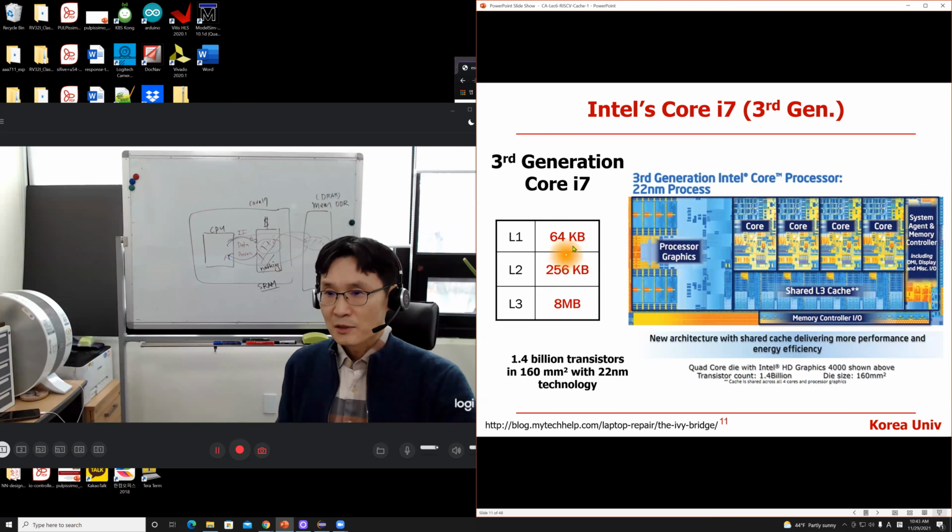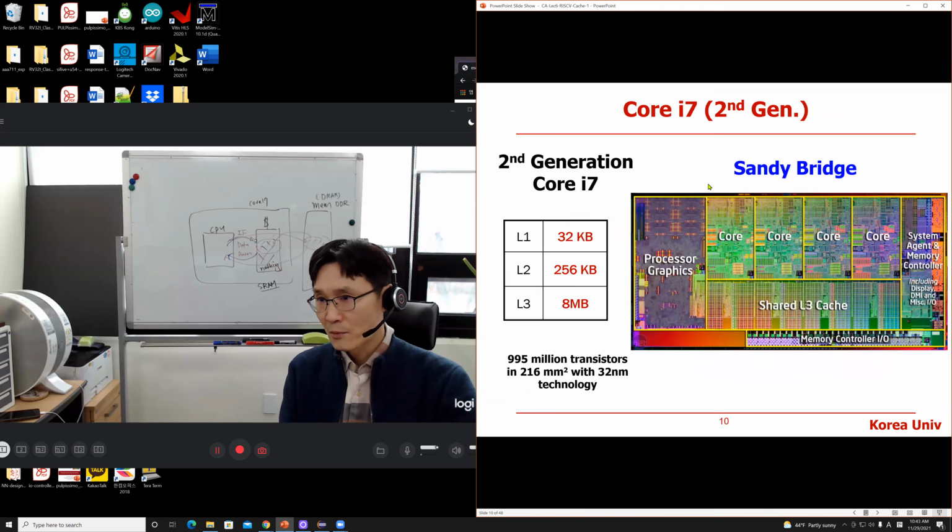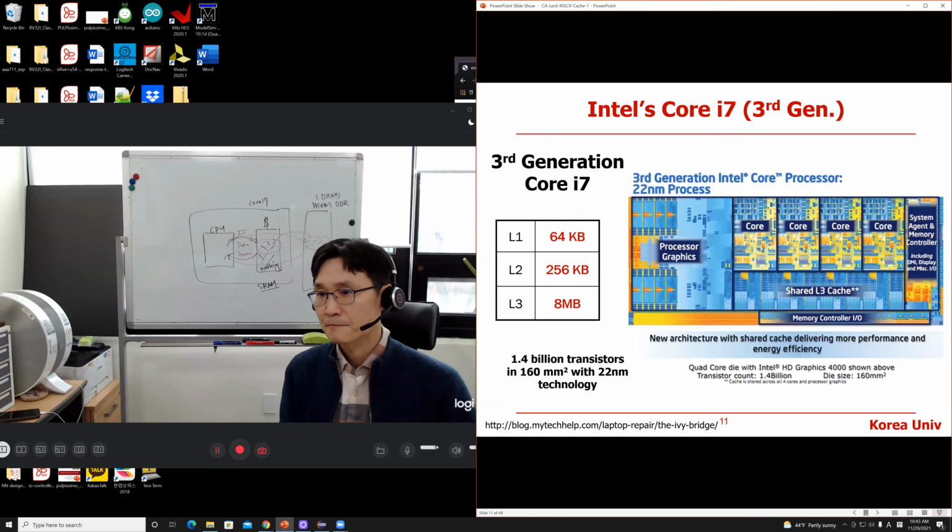Third generation, okay, similar configuration. Compare these two rough pictures. This one and this one. So the difference is the graphics engine is beefed up. It is getting bigger and bigger, right?